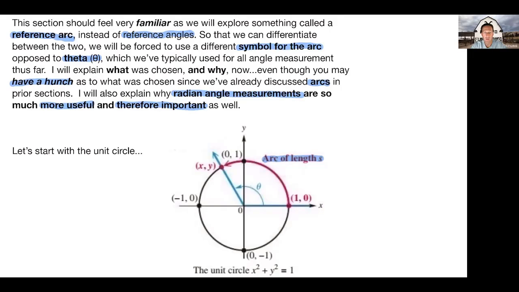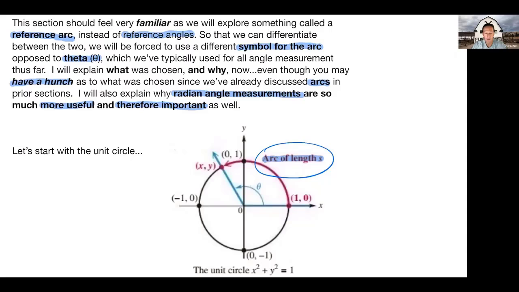Even though we're talking about the same trig functions with the same angles, namely the 30, the 45, the 60, and even the quadrantal multiples of 90, in any of our four quadrants, now we're going to be continuing on with the radian measurements, but now as arc lengths. All right, so we're going to start with this unit circle here.